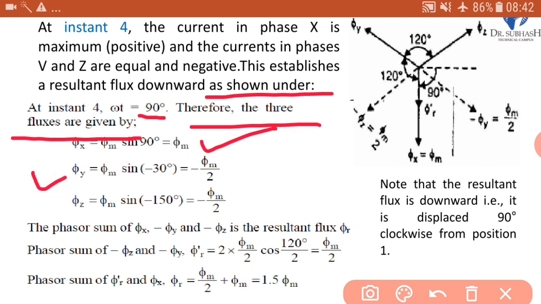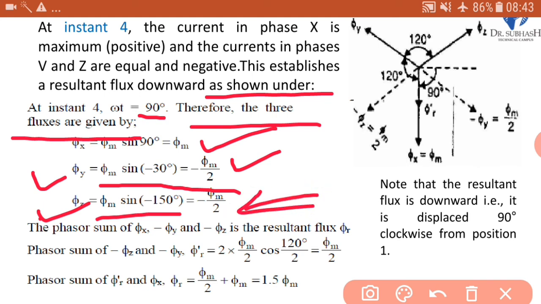Then flux due to phase y, phi y, is equal to phi m sin minus 30 degree, therefore it is equal to minus phi m by 2. And flux due to z phase, phi z, is equal to phi m sin minus 150 degree, which is equal to minus phi m by 2.